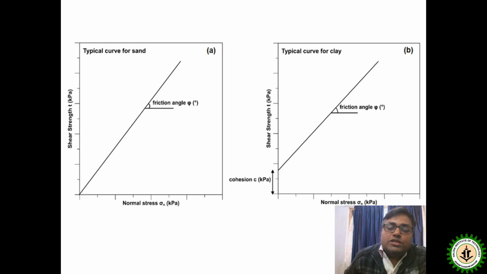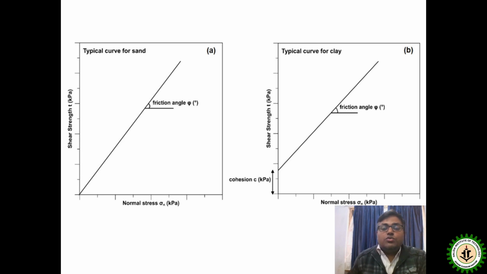So the intercept along the y-axis will give you the cohesion C, and the inclination of this failure line will give you the internal frictional angle phi.